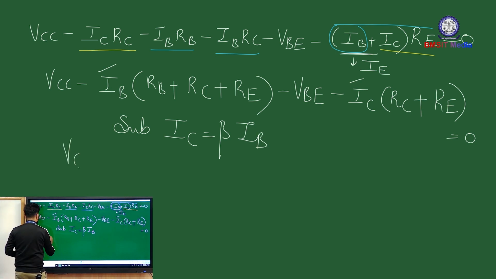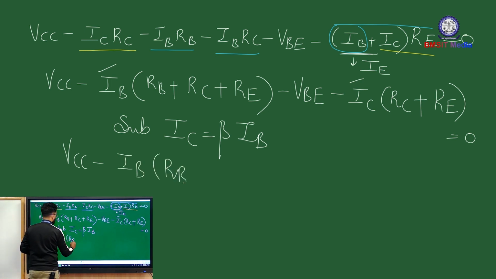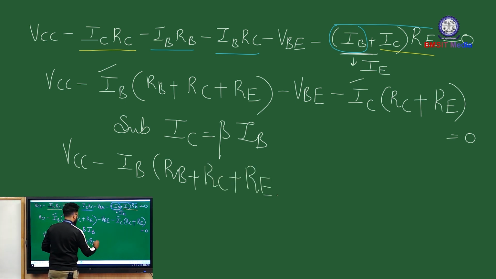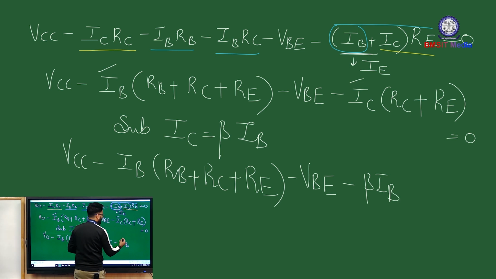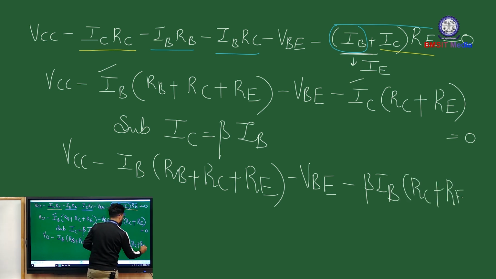So with that substitution, you will get IB into RB plus RC plus RE minus VBE minus IC, right? So what is IC? Beta times IB into RC plus RE equal to 0.